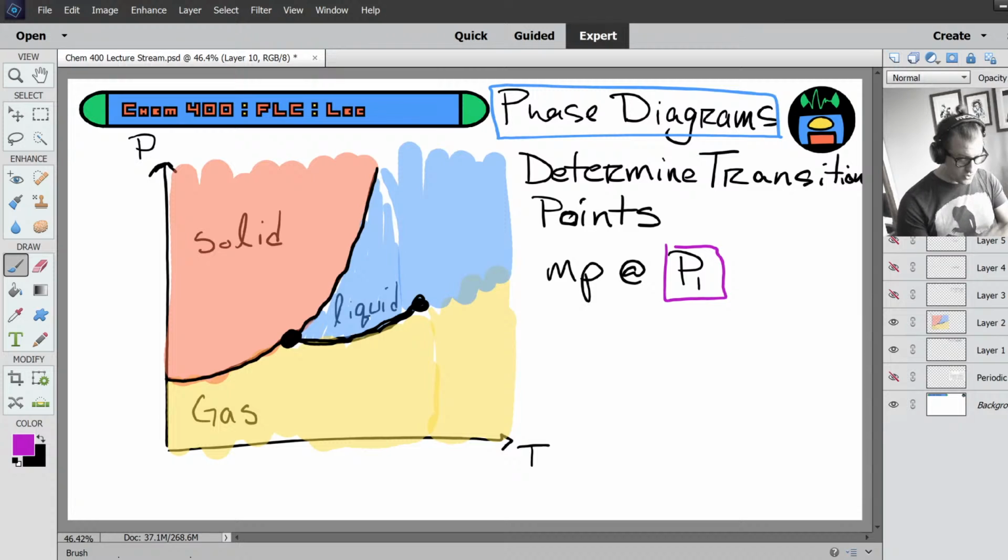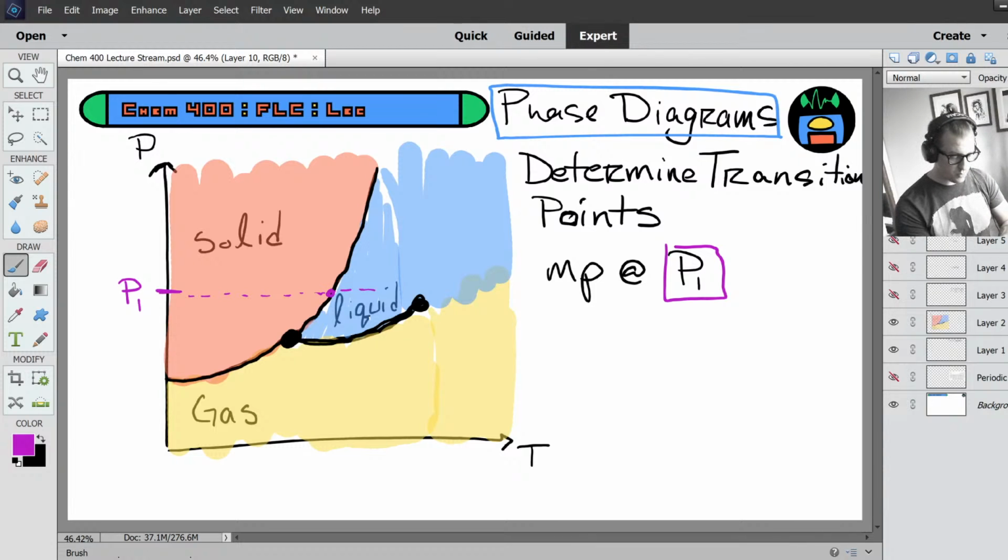Well, what you do is you find where P1 is on the graph, and then you look to see where P1 intersects that transition border.